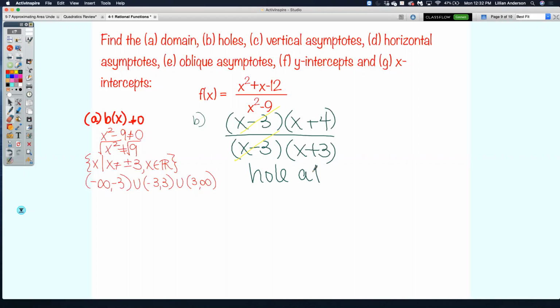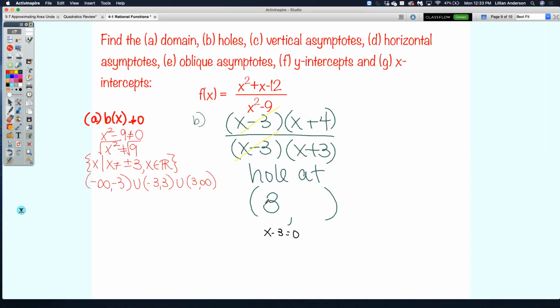And remember, we have a hole at a coordinate. You take that canceled-out factor and set it equal to 0. What do you get? 3.